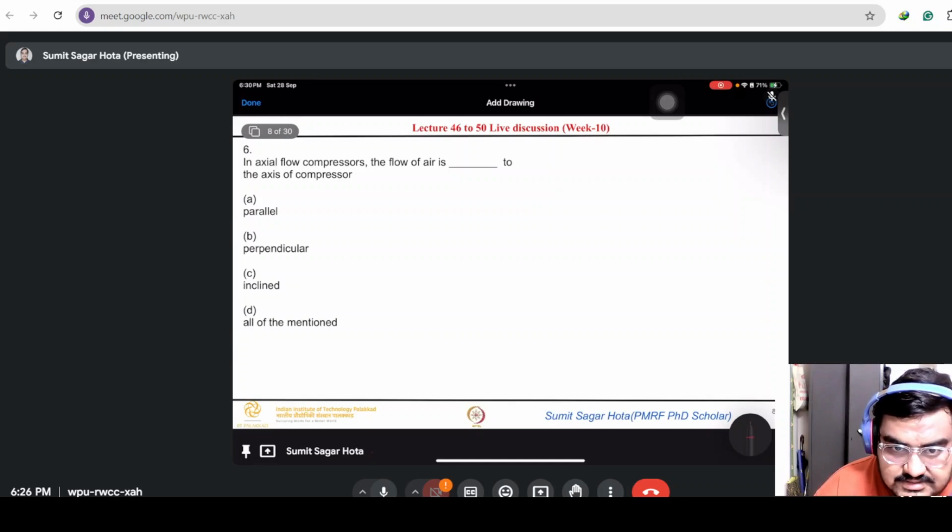In an axial flow compressor, the flow of air is dash to the axis of the compressor. Basically it cannot be perpendicular, it cannot be inclined. It is along the direction of the flow, or more specifically you can say parallel.